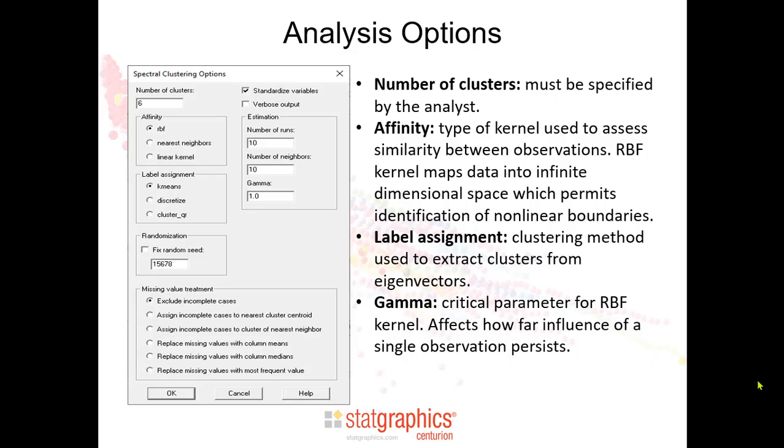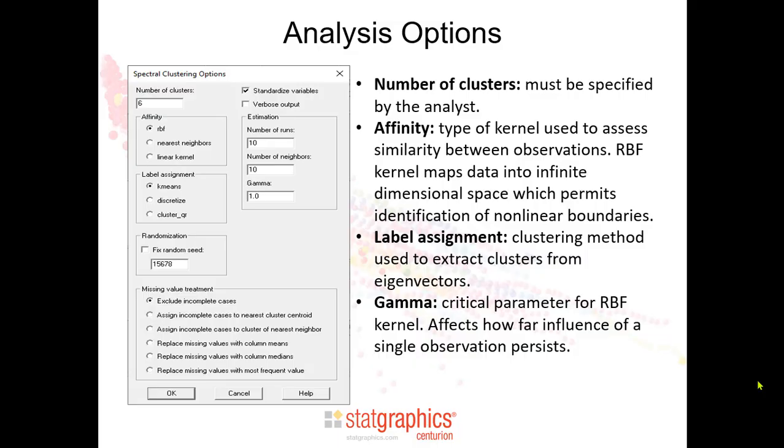When running spectral clustering, the analyst needs to set a number of options. First off, the analyst needs to specify how many clusters should be created. Secondly, the method for calculating the affinity between pairs of observations needs to be selected. The choices are using the RBF kernel, a nearest neighbors approach, or a linear kernel.